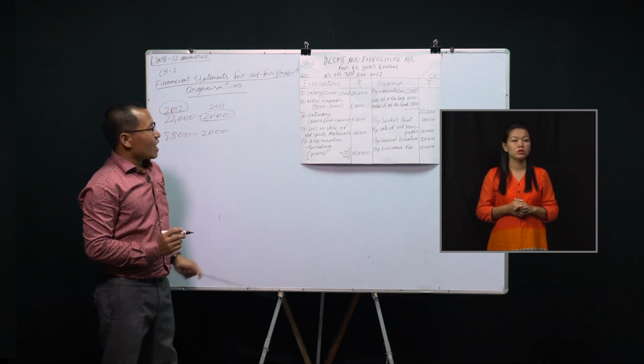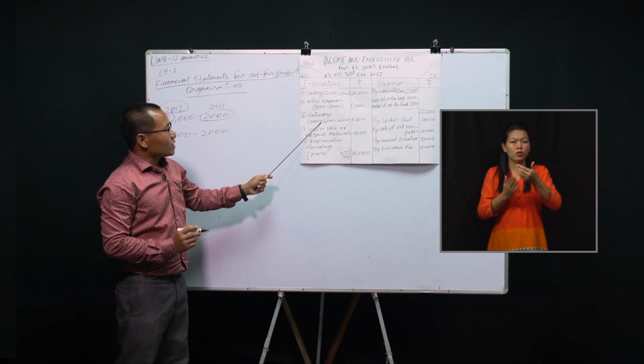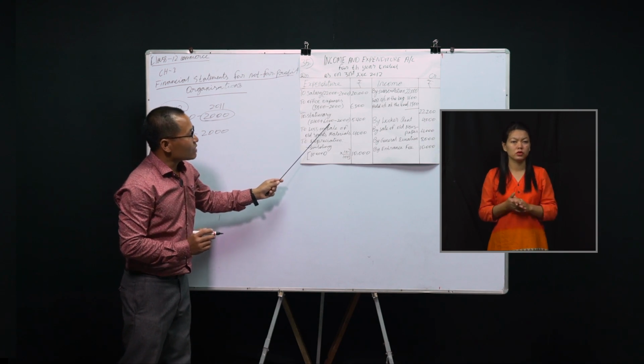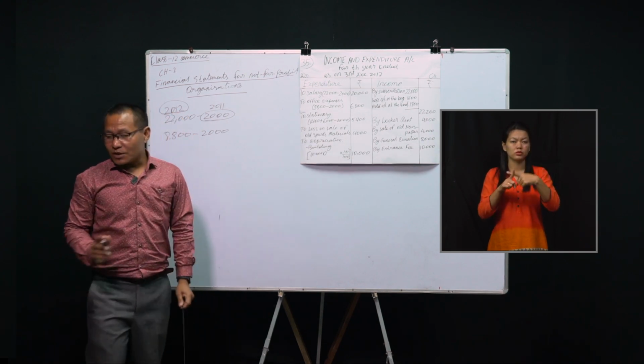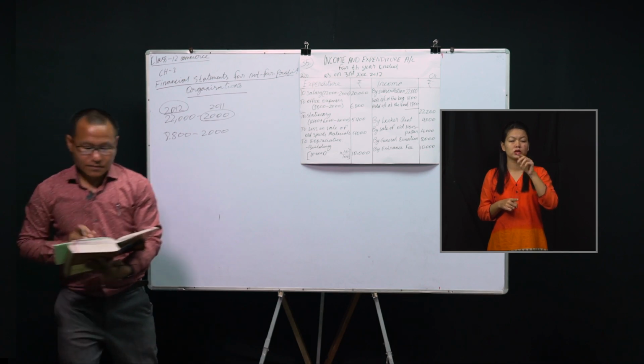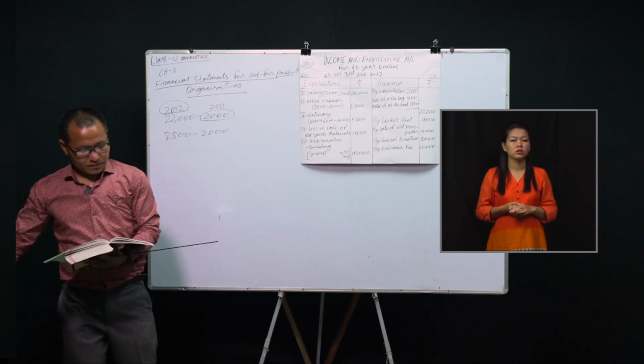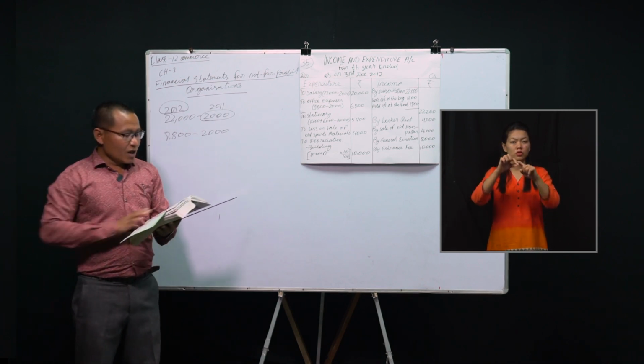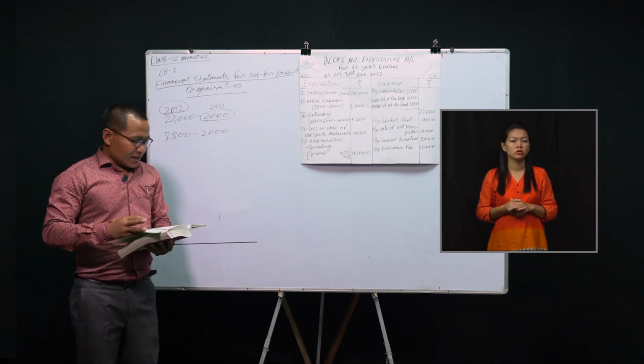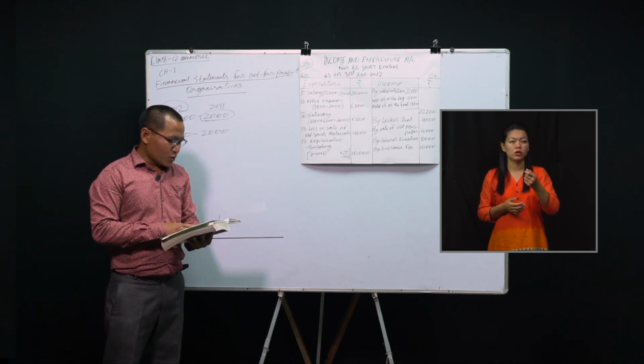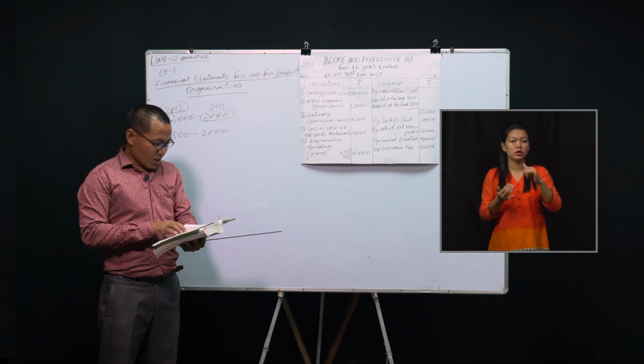And stationery. This stationery is 1,400 plus 6,000 minus 2,000. That means in your question, when you look at the payment side, the stationery comes to 1,400.